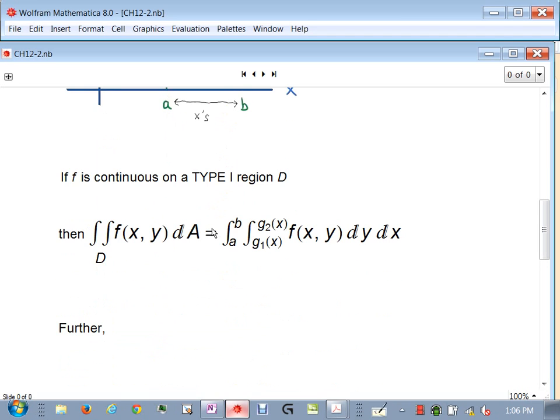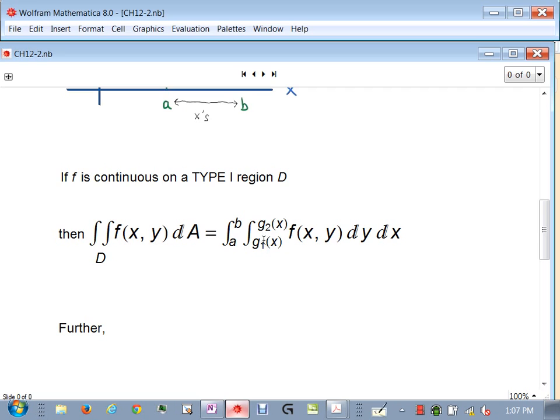Now, if f is continuous on a type 1 region, then the double integral over that region D of a function of two variables with respect to area is going to be: the outer integral is the integral with respect to x, and the limits of integration are the constants. The inner integral will be with respect to y, and the limits of integration will actually be two functions. Previous to this, these were always constants.